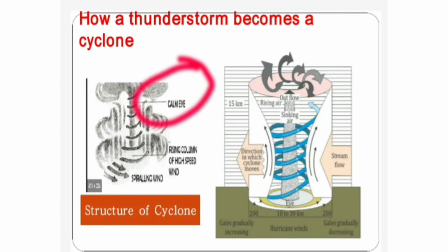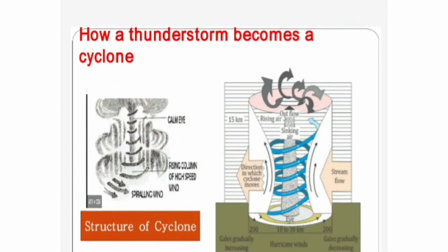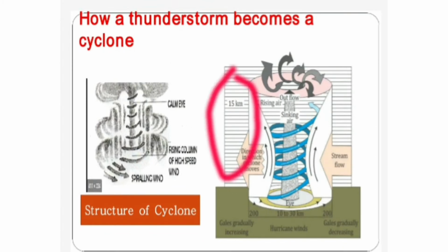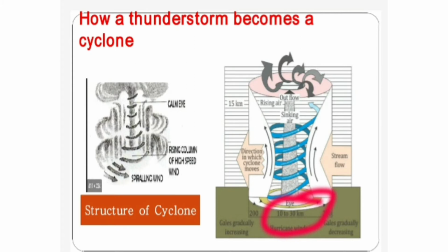A large cyclone is a violently rotating mass of air in the atmosphere, 10 to 15 kilometers high. The diameter of the eye varies from 10 to 30 kilometers.